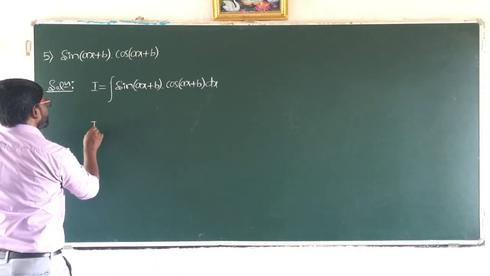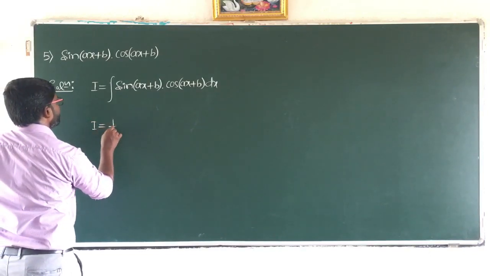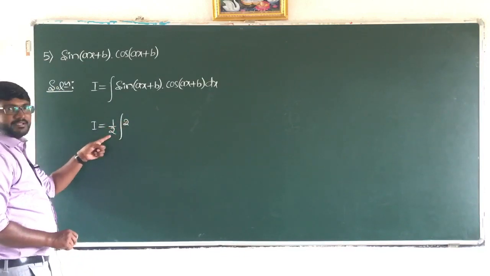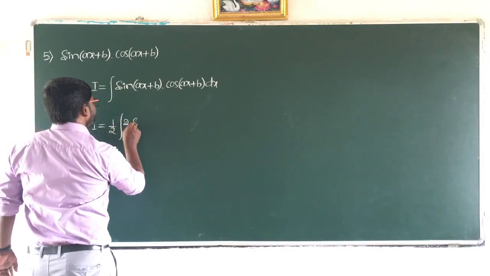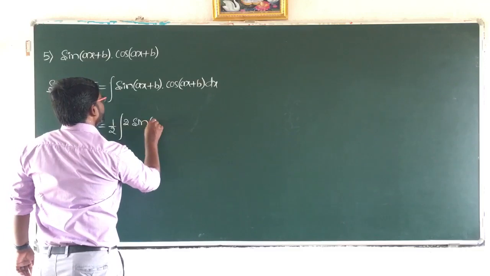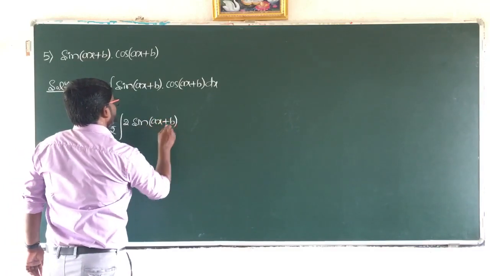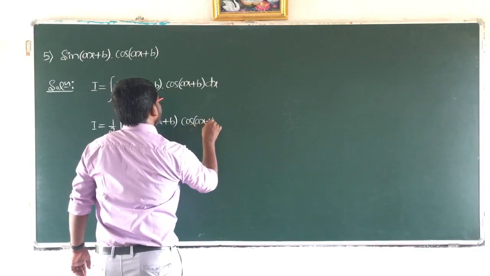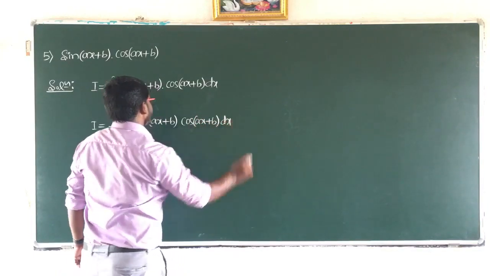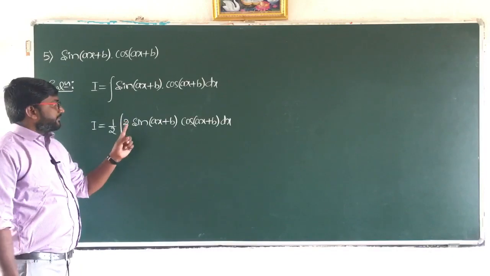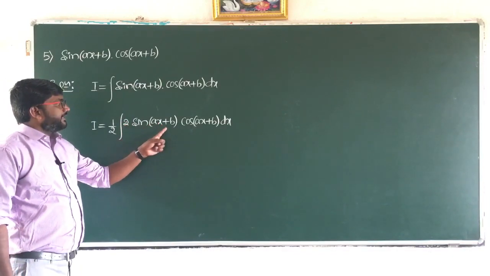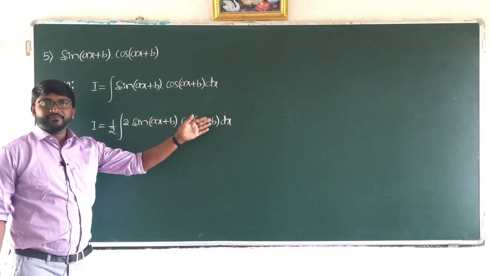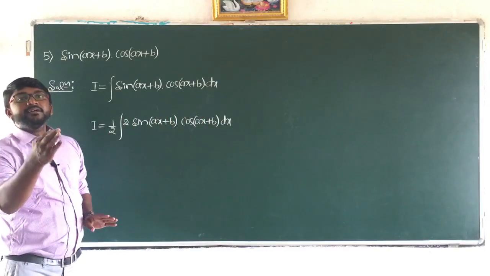So I is equal to 1 by 2 integral 2, I am multiplying and dividing by 2, and write the remaining terms as it is, sin of ax plus b into cos of ax plus b dx. So now see here, it is in the form of 2 sin a into cos a. So what is 2 sin a into cos a? From the double angle, it is sin 2a.